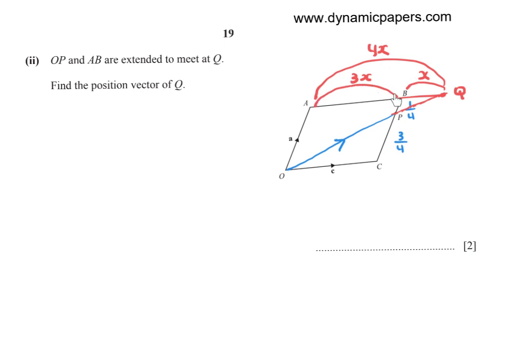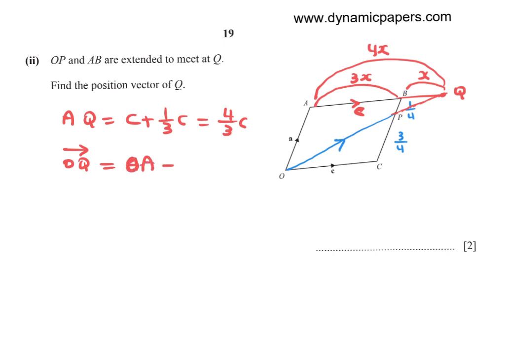But we know that AB is vector C. So this is vector C. So now you can deduce that BQ is 1/3 vector C. So AQ equals vector C plus 1/3 C, which is 4 over 3 C. So now vector OQ equals OA plus AQ, so vector A plus 4 over 3 C.